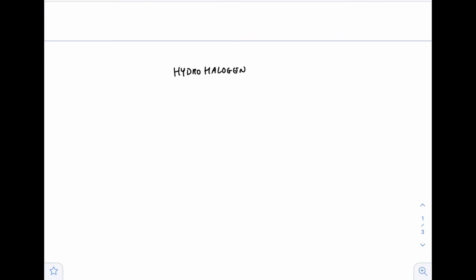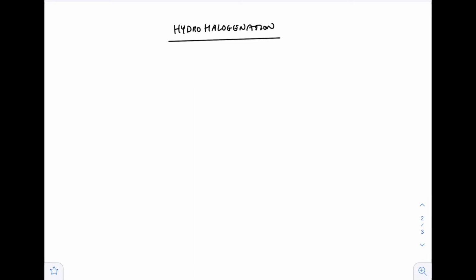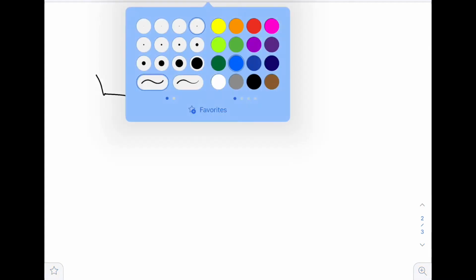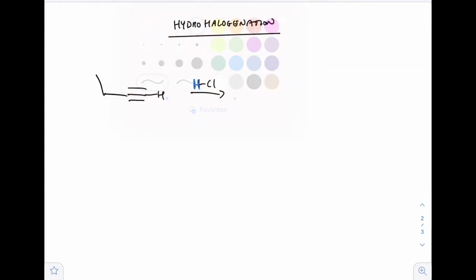So let's talk about that hydrohalogenation. Okay, again, that's addition of HX across that carbon-carbon triple bond. And since there's two sets of pi bonds, then we can do it twice. Remember, if you have an acid, you want to protonate something. So that triple bond in red is the nucleophile, the blue H is the electrophile.